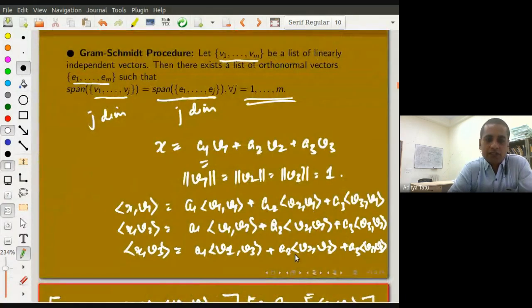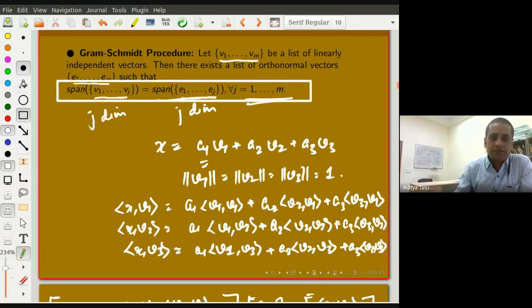If I give you a set of m linearly independent vectors which are not necessarily orthonormal, how do I convert this into a set of orthonormal vectors E1 to Em with this particular condition? Once you understand this condition, what this says is, if I want to obtain the first vector in this orthonormal set, I should only use the first vector of this linearly independent set.